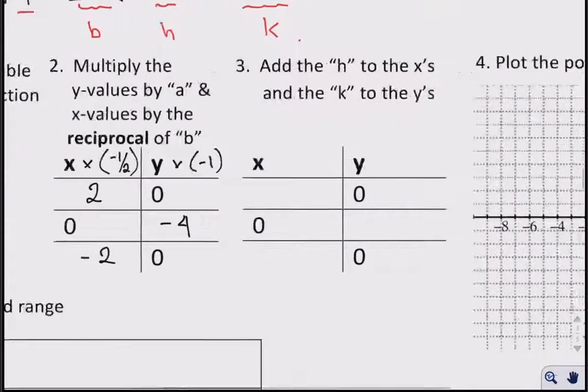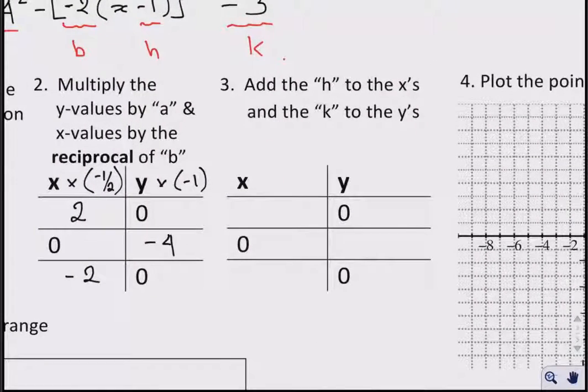Moving on, the final step is to add 1 to the x values and subtract 3 from the y values. What does this give me? I get 3, negative 3, 1, negative 7, and then negative 1 and negative 3.